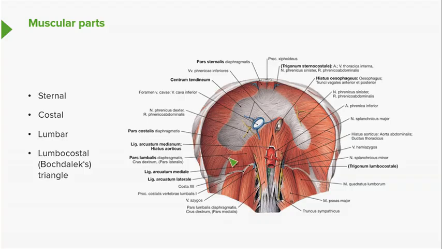If we take a look on this side, we have some more geometry anatomically, and we see the same geometric configuration on the opposite side of the diaphragm. This is the lumbocostal triangle, also referred to as Bochdalek's triangle.